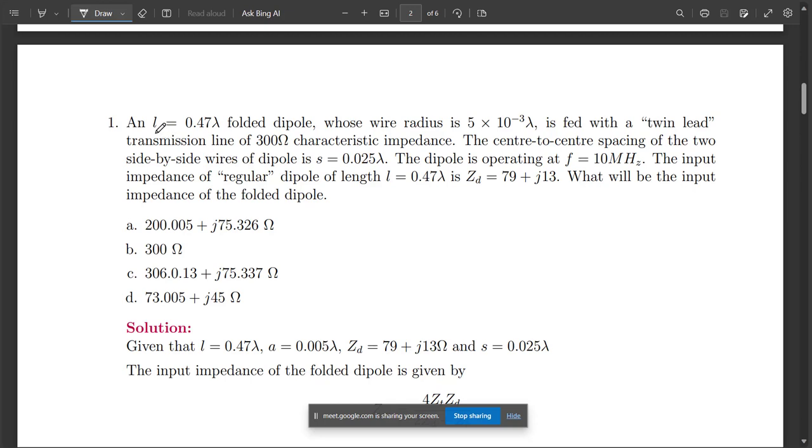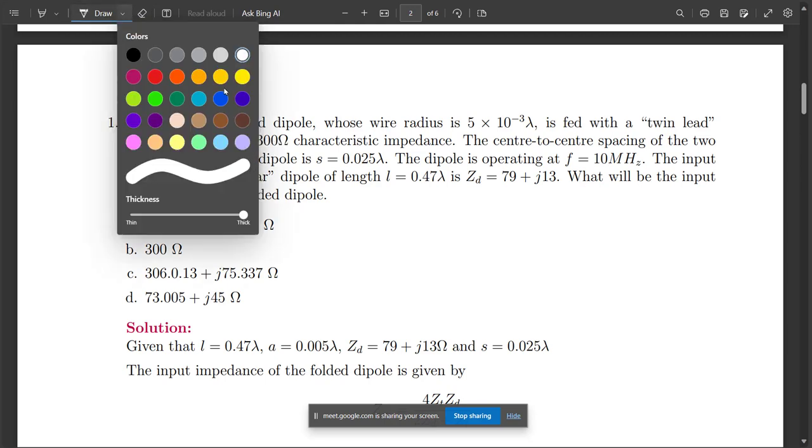So a folded dipole of length L equal to 0.47 lambda, whose wire radius is 5 into 10 to the power minus 3 lambda, is fed with a twin lead transmission line of 300 ohm characteristic impedance.